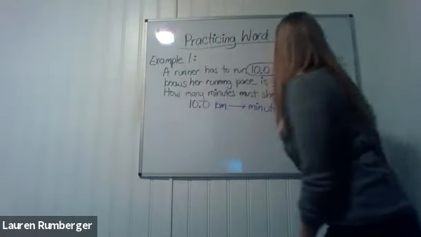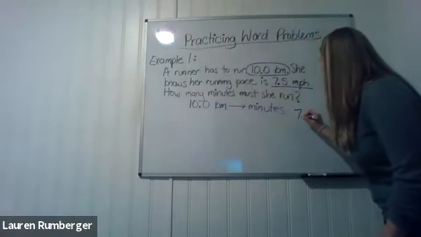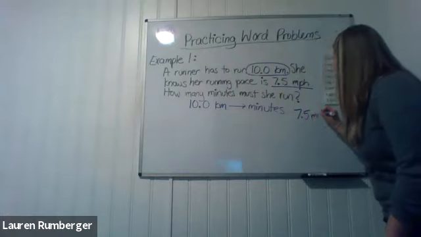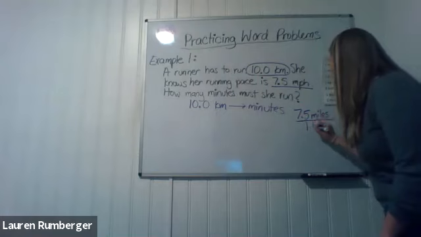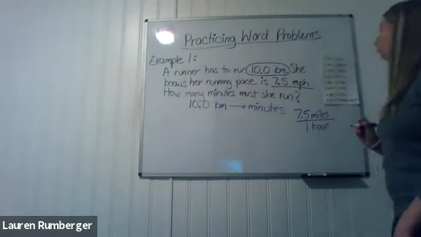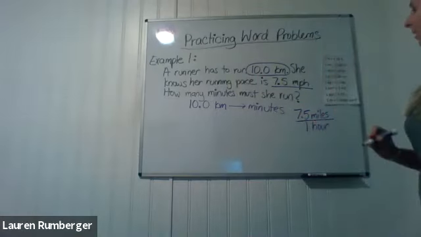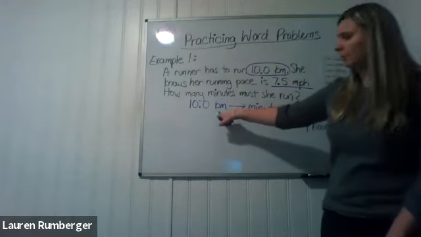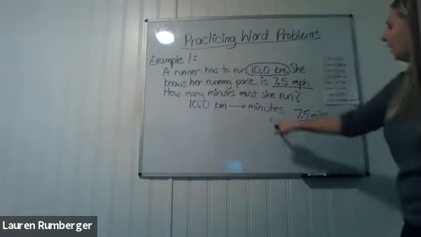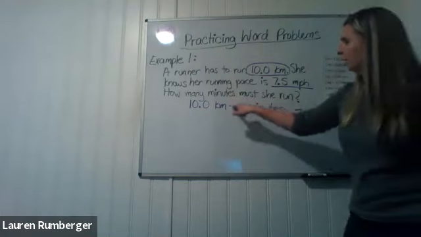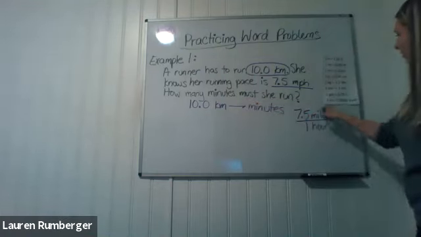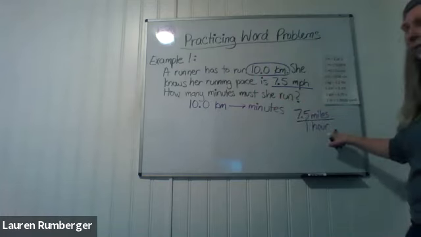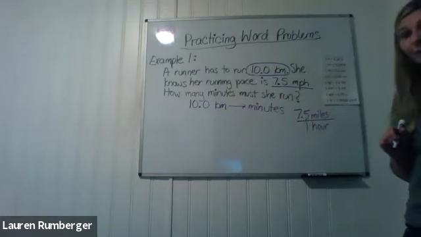Okay, so we are given 7.5 miles per 1 hour. So now we have distance in kilometers, we have time in minutes. Now, the distance and time that's given in here is miles per hour.